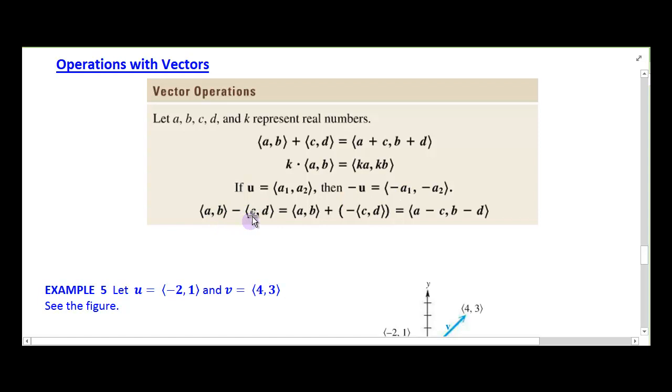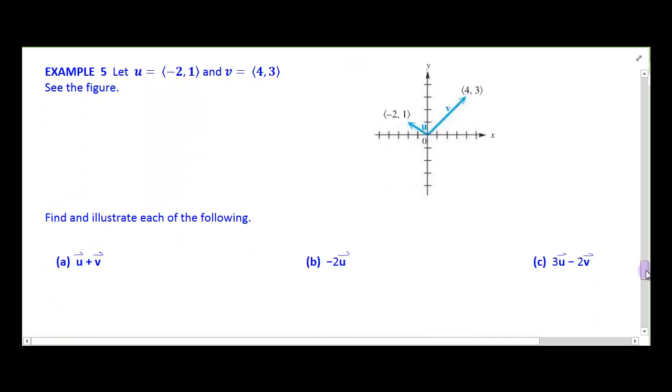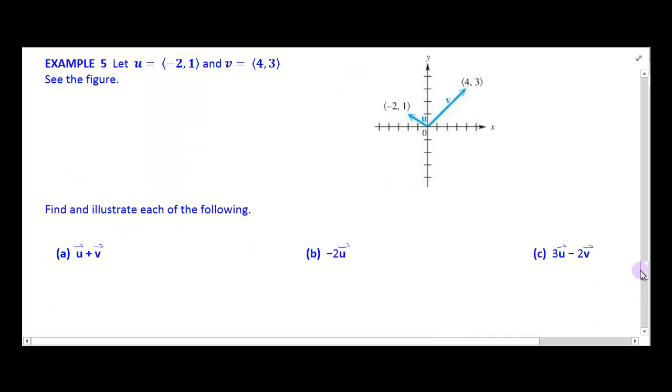If I am subtracting two vectors, I can either look at it in this form, where I am subtracting the horizontal components and the vertical components from the original one, or we can look at it as adding the negative. Either one. So let's practice a few of those down here in these examples.